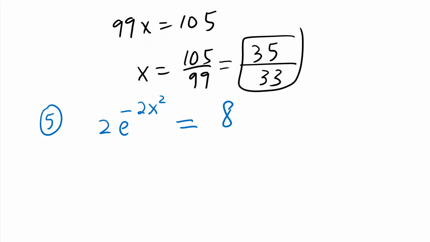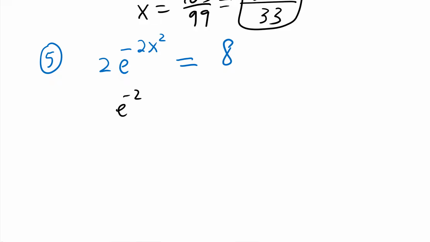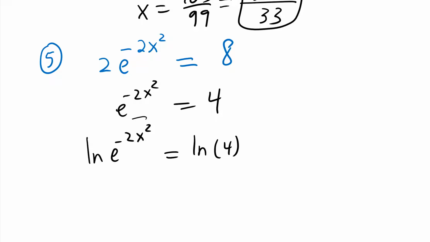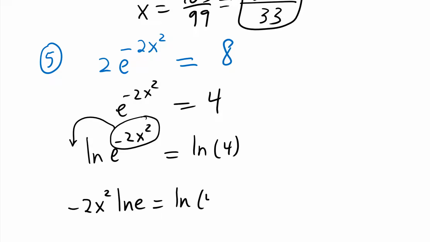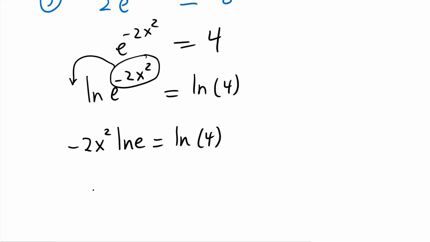Yes, divide by 2. When we divide by 2, we get 4. And then, as Nikita said, take ln on both sides. That's the only way to bring this down to the front. What's ln e? Natural log of e is 1.